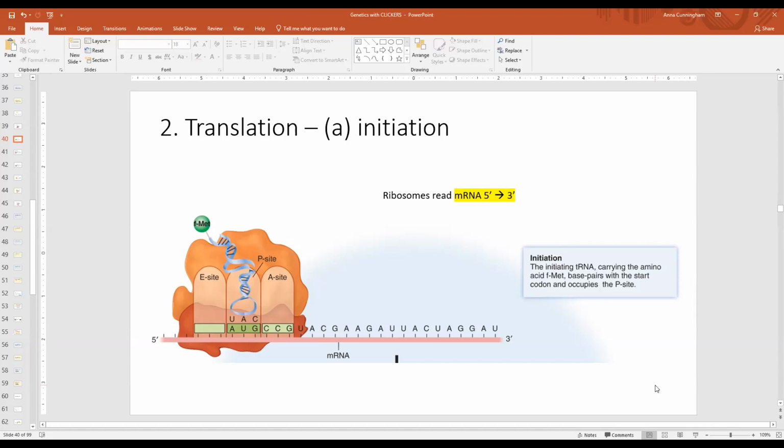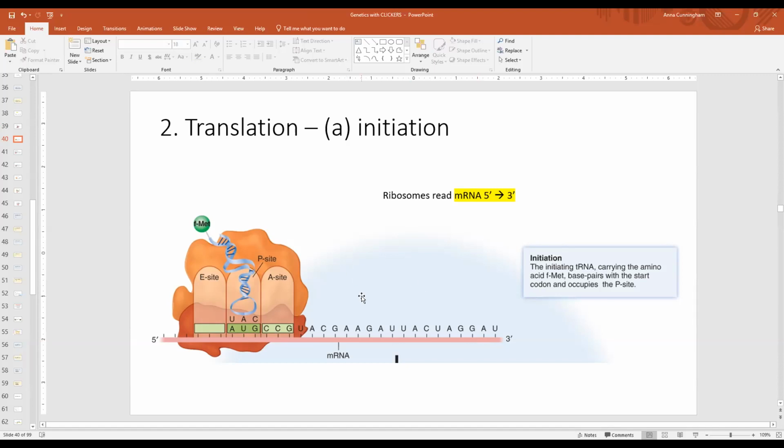This textbook is based on reading the English language. We read left to right, which is why this is showing 5' to 3' moving left to right. But in all reality, the directionality for these strands is 5' to 3'. The ribosome moves 5' to 3'.